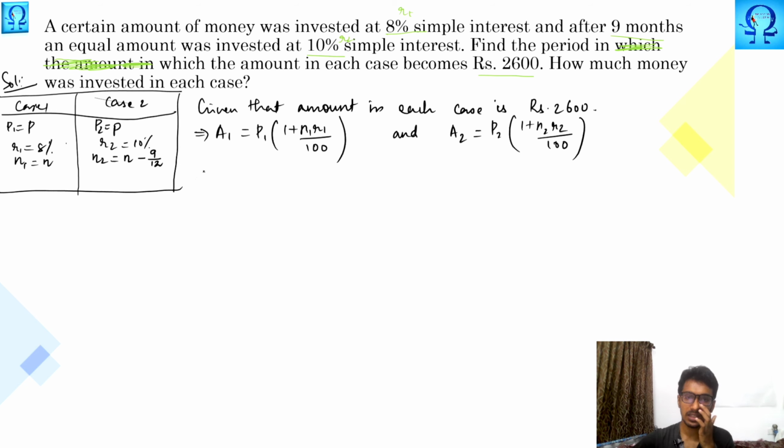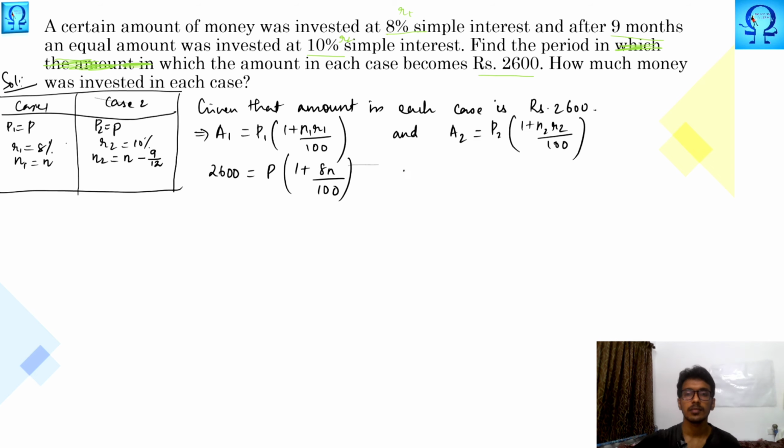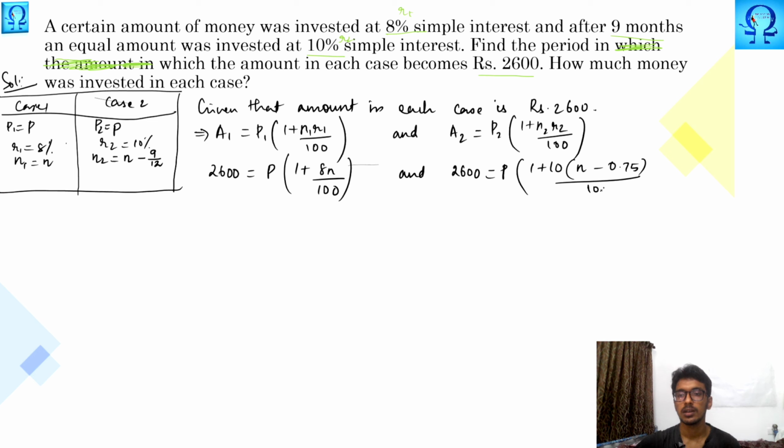It is given that A1 is 2600 in both the cases, and P1 and P2 are the same, so let us denote that by P itself. 1 plus N we don't know, R is 8 upon 100, so we may write it as 8N. And A2 is also 2600, this amount is also P, and we have 1 plus R2 is 10, and N2 is N minus 9 upon 12, which we may write as N minus 0.75 upon 100.